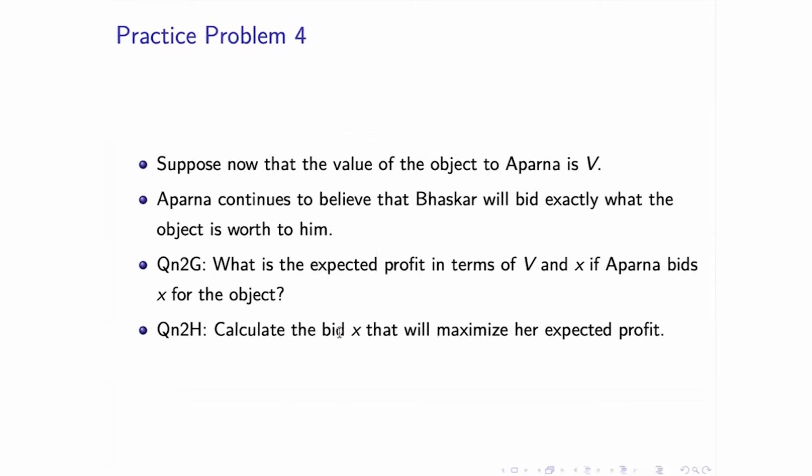We can do the same calculations and first calculate the expected profit in terms of V and X if Aparna bids X for the object. Then we can also figure out, as a function of V, the optimal bid that will maximize her expected profit, right? So notice the sequence in which we are proceeding in this problem. First we had specific cases, 80 and then 70, then we generalized the 70 to X, and now we are generalizing the 80 to V, right?